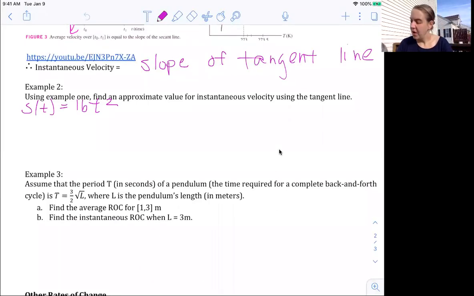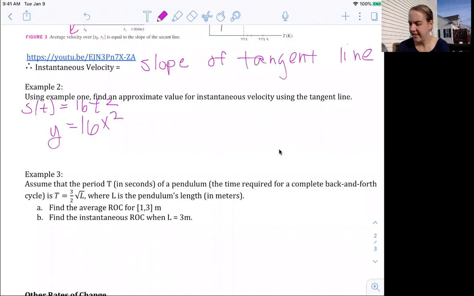So we know the instantaneous velocity is the slope of the tangent line. If we just turn that into function notation that we are used to, we have y equals 16x squared, which would be how we would graph it.